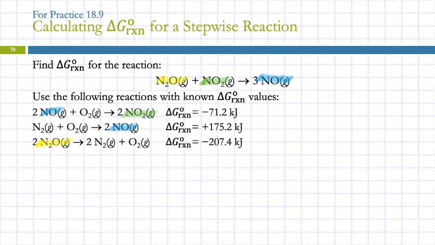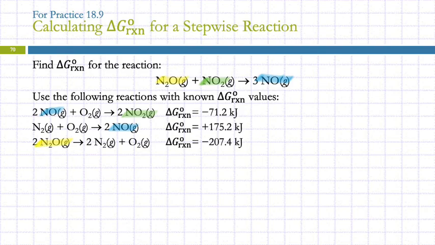So putting these together can end up being a bit messy. So I kind of like to start in the same place every time, just so I don't get lost. I'm looking for an equation that has this reactant, and I want to write it in the direction where this is a reactant on the reactant side. So that's going to be this one down here.